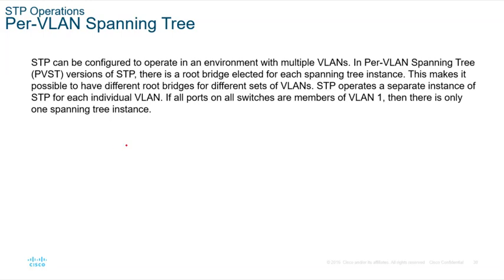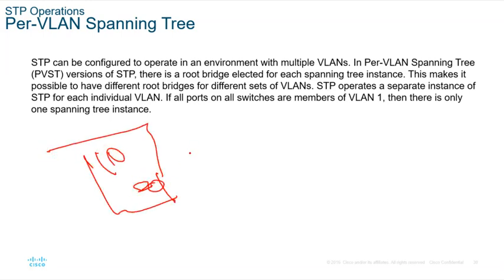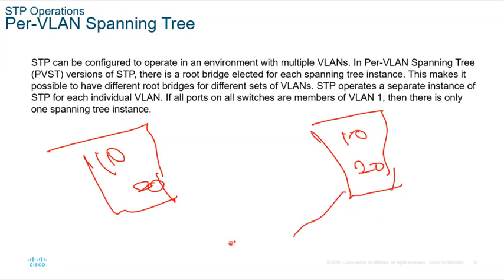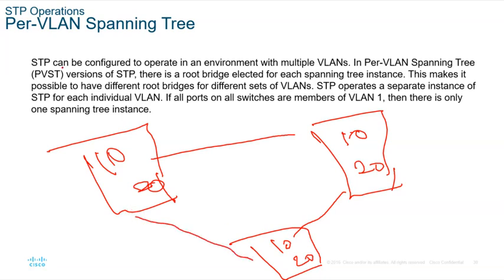In this scenario, we have this switch with VLAN 10 and 20. We have this other switch with VLAN 10 and 20 as well, and it's connected to another switch. Here, VLAN 10 is the root bridge.